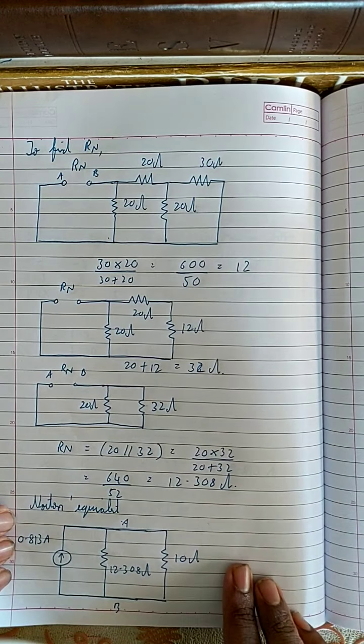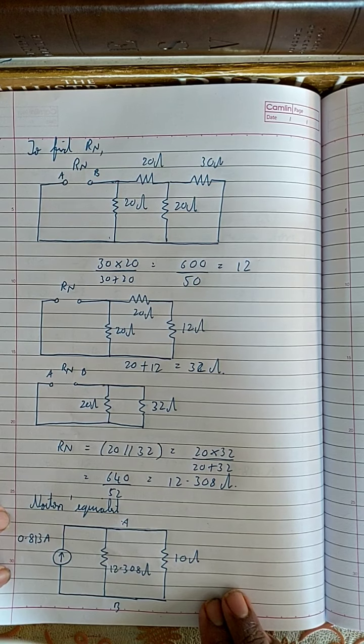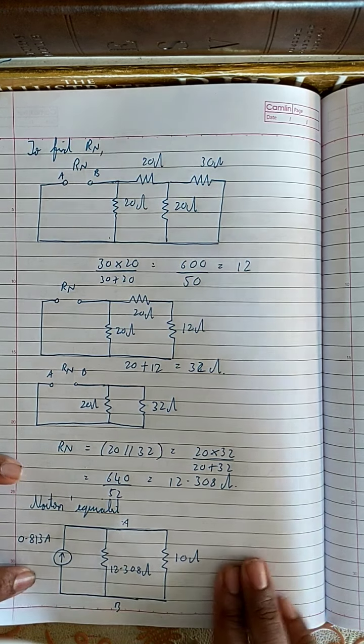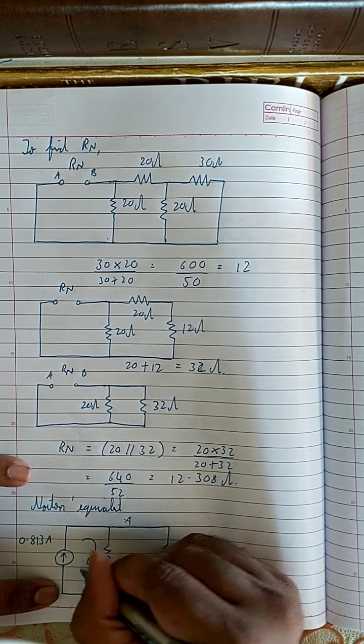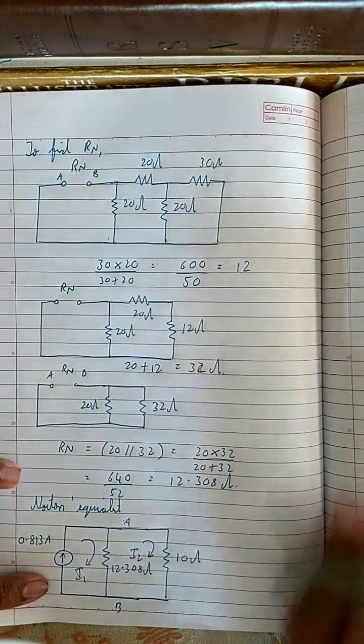You can apply node analysis or voltage analysis or whatever analysis you want. I'm going to apply mesh analysis. This is I1, this is I2, which means I need to find the value of I2.